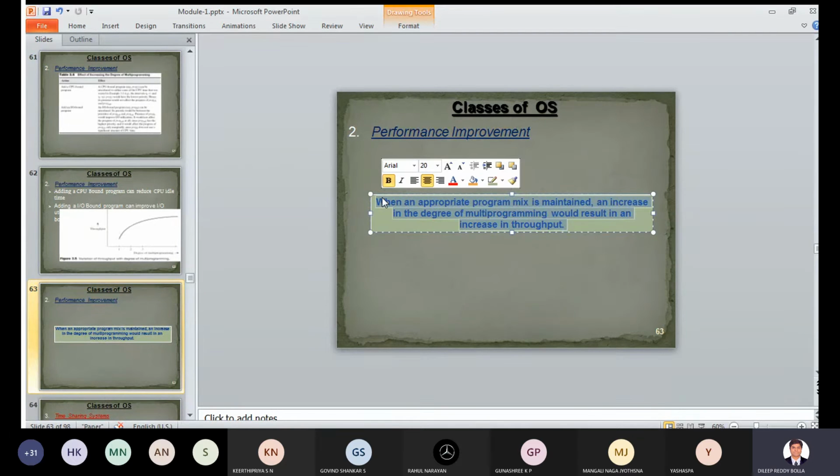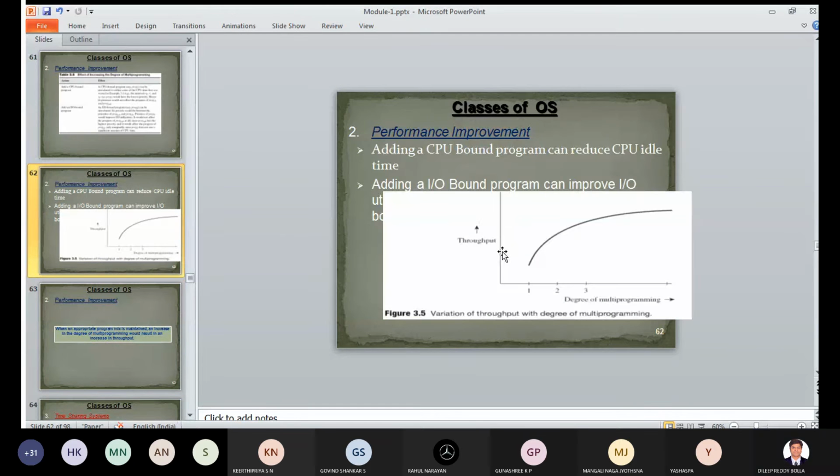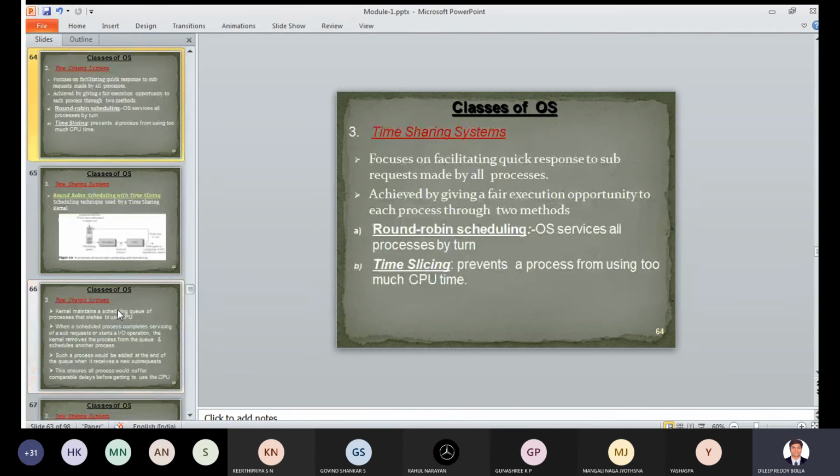That's what we observed from this graph, the variation of throughput with degree of multi-programming. When I increase the level of multi-programming, the throughput of the system increases, so it improves the performance of the system. That's the conclusion of multi-programming.